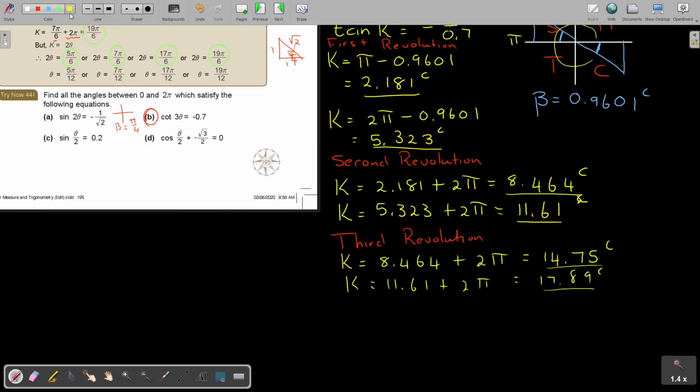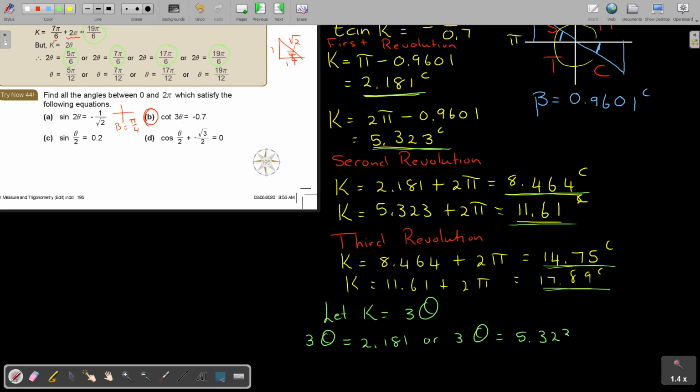So now I'm going to go back. So let k equal 3 theta. Remember? So my 6 answers, let me see, yes, 1, 2, 3, 4, 5, 6. So 3 theta equals 2.181, or 3 theta equals 5.323, or 3 theta equals 8.464.